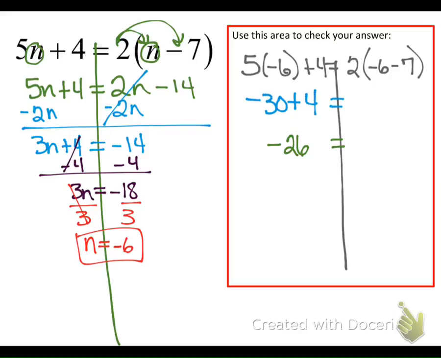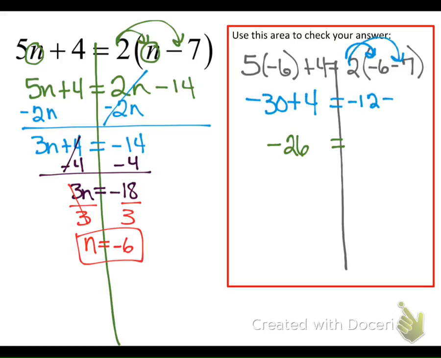Now I go up to my right side. Now, the right side, you can solve this one in 2 different ways. You could either distribute that 2, or you could just start and work in the parentheses first. You want to distribute? Okay, so what's 2 times negative 6? And then what's 2 times negative 7?